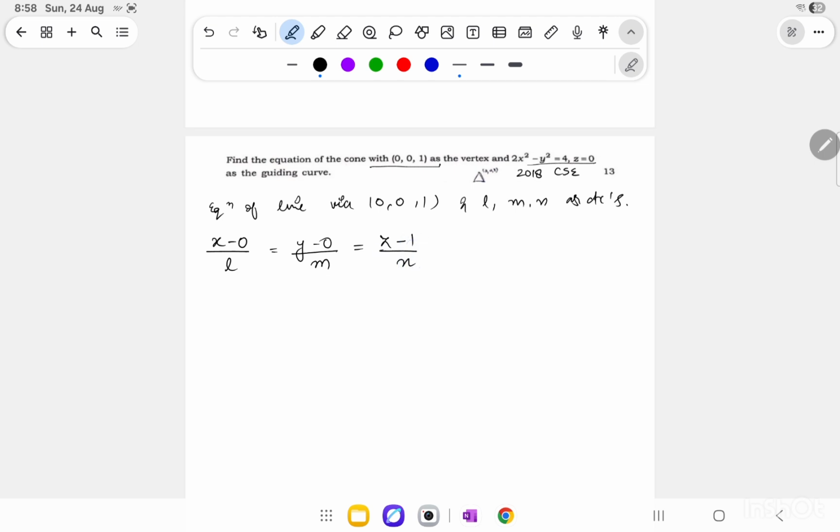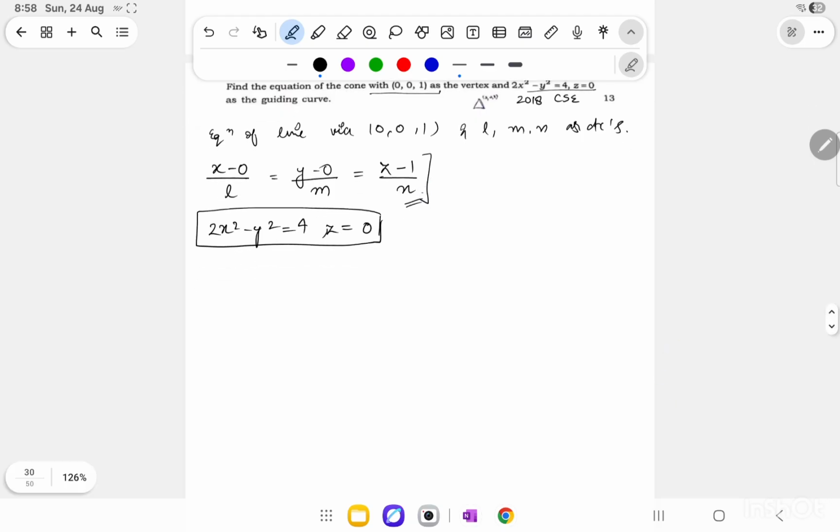Further it says that the cone passes via 2x square minus y square equals 4, z equals to 0. So this is our base curve. If this acts as a generator, it must intersect the base curve somewhere, and at the intersection point z will be equal to 0.